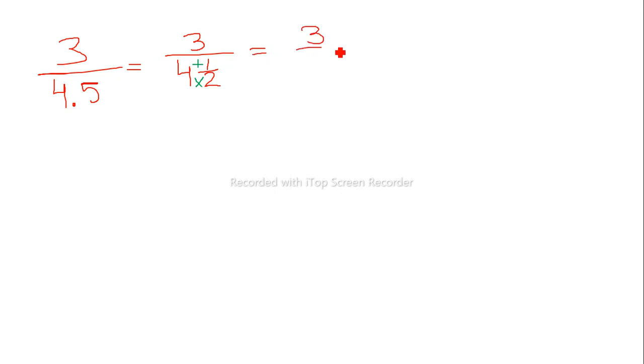By simply saying 4 times 2, which is 8. Then we add 1, so 8 plus 1 is going to be 9. And then we keep the denominator, which is 2. So it's going to be 9/2.